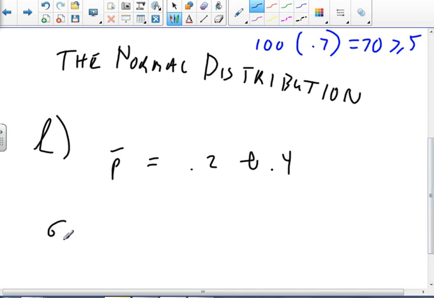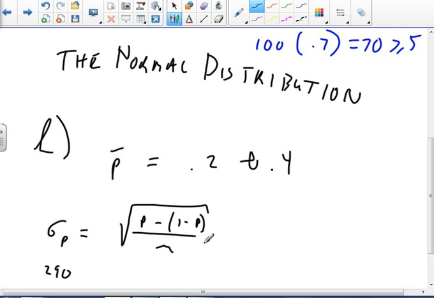The sigma of the population on page 290 is capital N minus n, but we don't know capital N. This is probably an infinite population, so we'll go with the square root of p times 1 minus p divided by n. 0.3 times 0.7 divided by 100, square root.